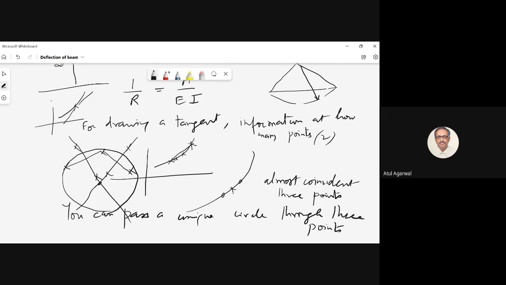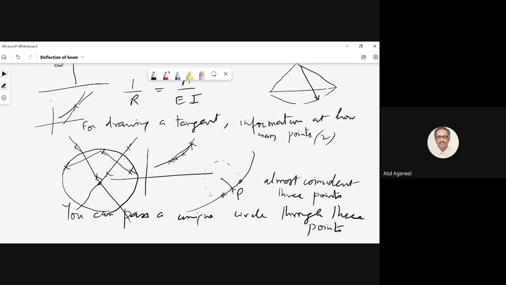The same idea you use here: you can pass a circle through these 3 points. Center of this circle is called center of curvature of the curve at this point P. And radius of this circle is radius of curvature of the curve at this point P.